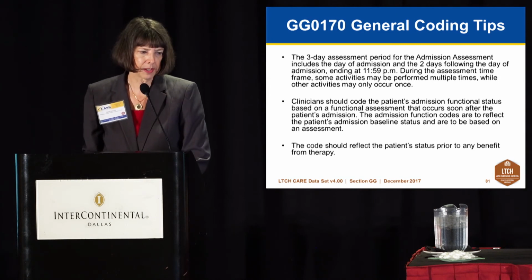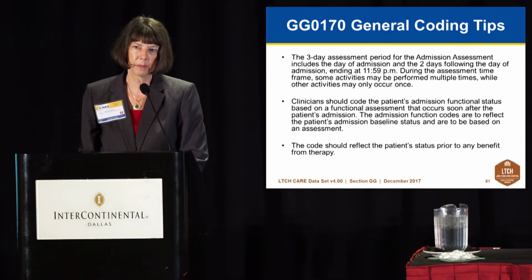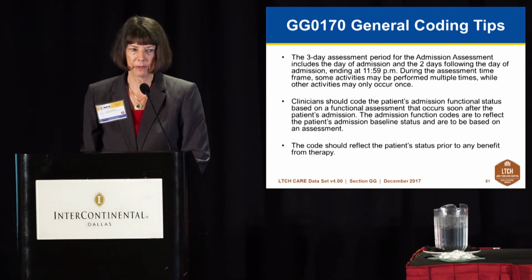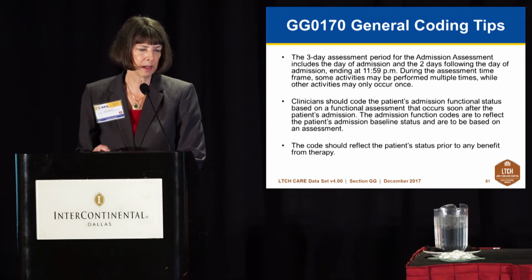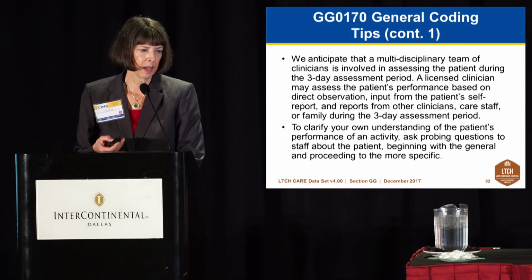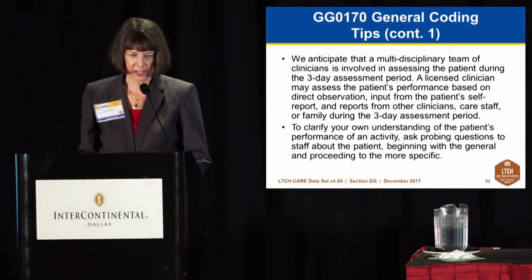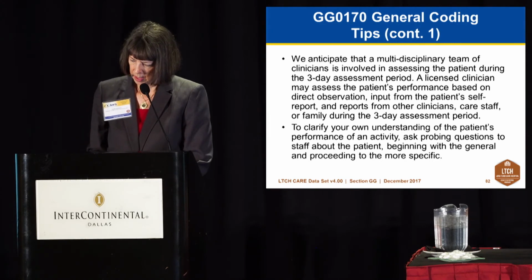Additional coding tips. Again, we've reviewed this in terms of what we mean by the 3-day period. I'll just kind of go over these quickly because we've already gone through these in the self-care section. And again, emphasis on that multidisciplinary team.